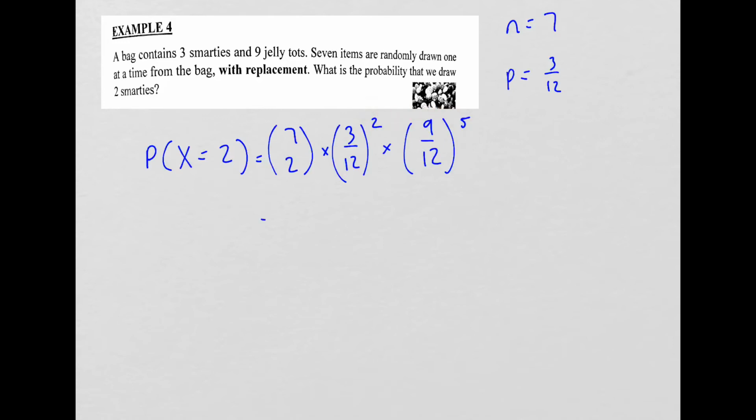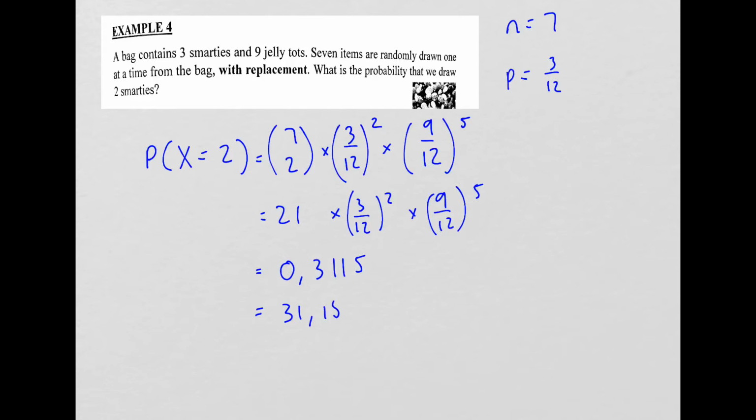Right, simplify this, we get 21, that's for the 7 choose 2, times 3/12 to the power of 2 times 9/12 to the power of 5. And that in total gives us a probability of 0,3115, which is 31.15%. Just take note of how they ask you in a question paper to round off.